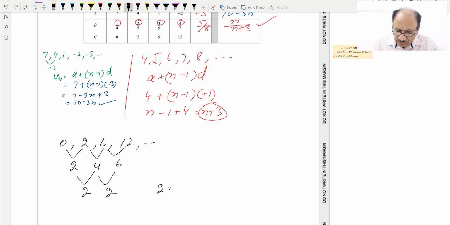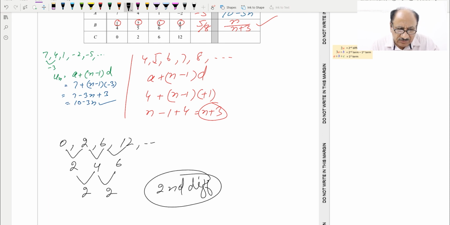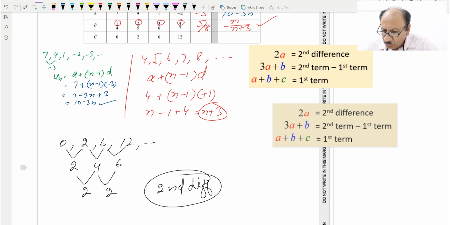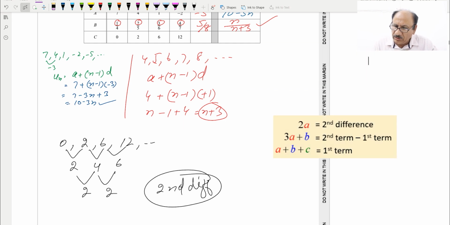So the second difference is the same. If the second difference is the same, we say that this is a quadratic sequence, and for a quadratic sequence we follow this rule, which you should know and memorize. I have copied it for you.